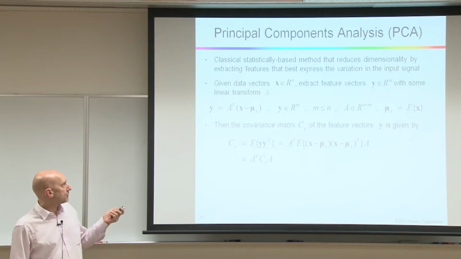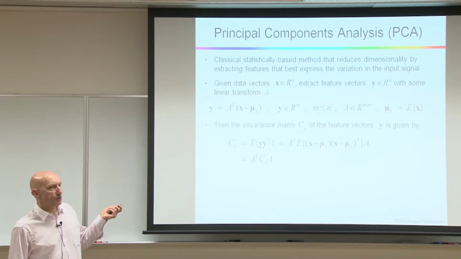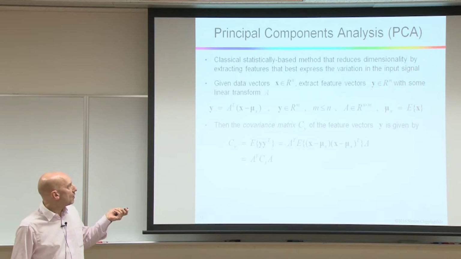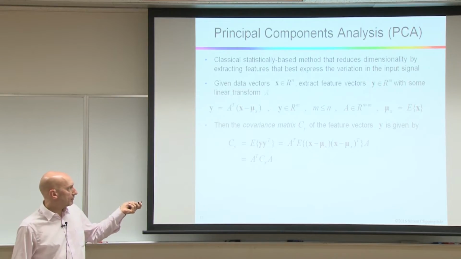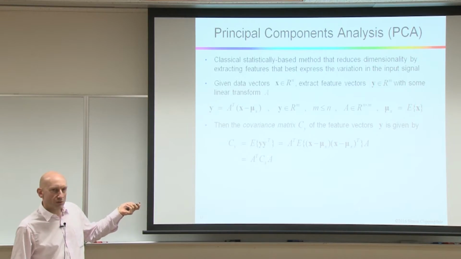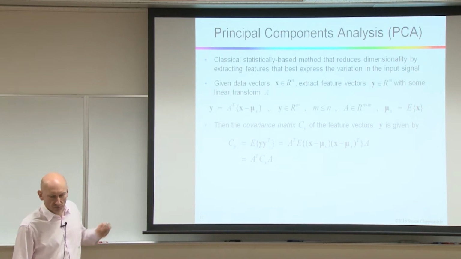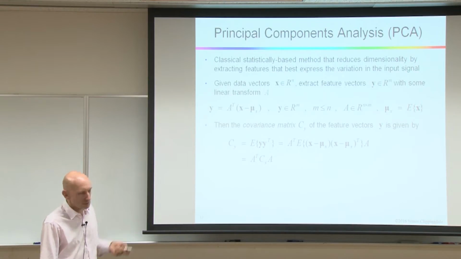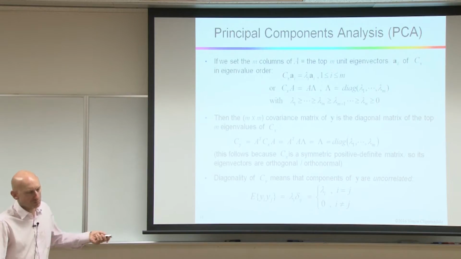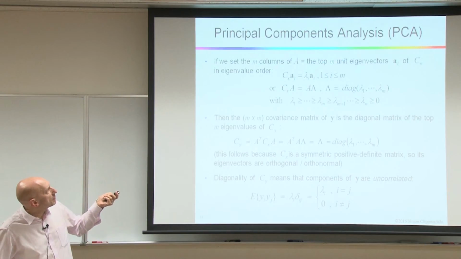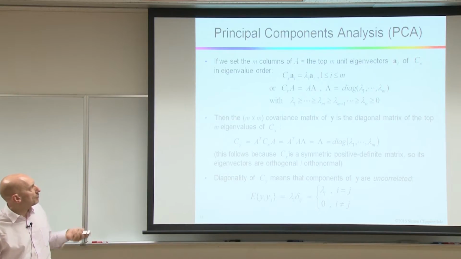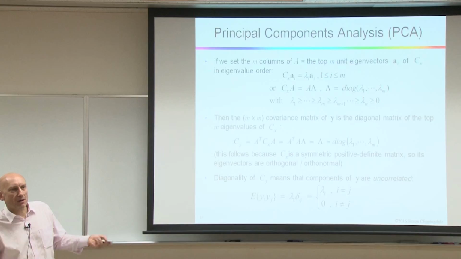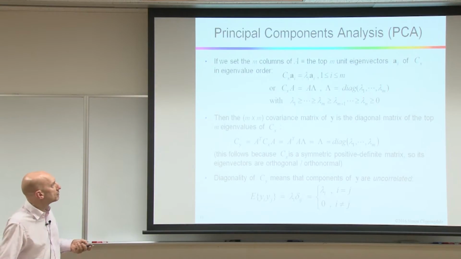So if we want Y and its covariance matrix to have some useful properties, we can choose the transformation A in the light of the signal properties, which are in this covariance matrix Cx, to give us the desired properties in Cy. Specifically, if you set the columns of A to be the top m eigenvectors of the covariance matrix of X in eigenvalue order, if you're not too happy about eigenvectors and eigenvalues, don't worry too much about this.